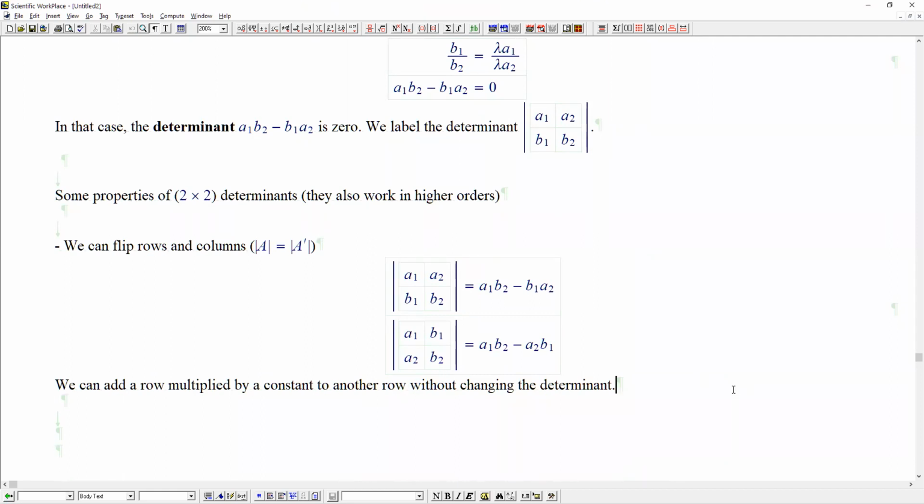So for instance, if I have this, but let's add to the second row the first row multiplied by some constant, so plus sigma A1, plus sigma A2.